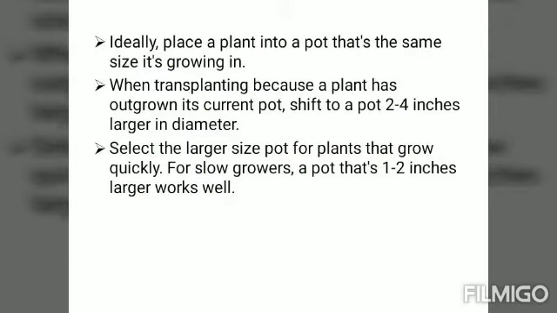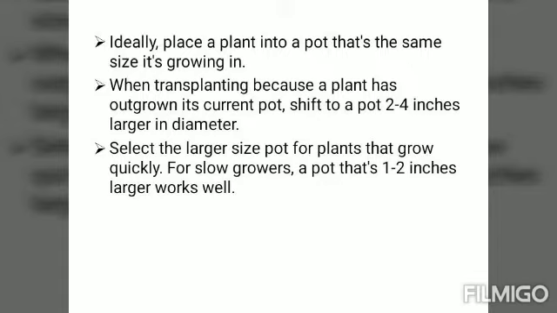So now in this slide you can see this point, okay, it is written that ideally place a plant into a pot that's the same size it's growing in, okay, and after that when transplanting, okay, why?